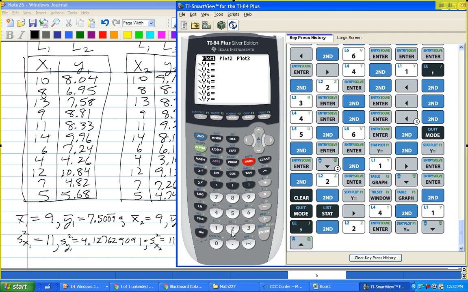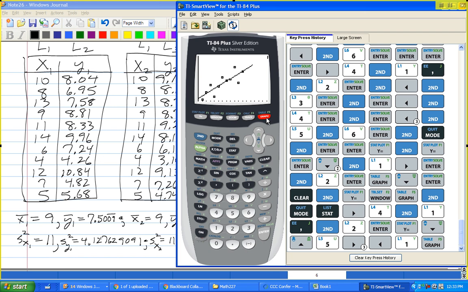And let's go to vars, statistics, go to the equation, and let's do my regression line. Okay, good. So let's graph this. So if I look at this, my regression line goes nicely through all those points. So that's nice and fine.